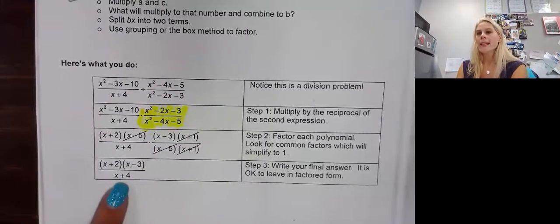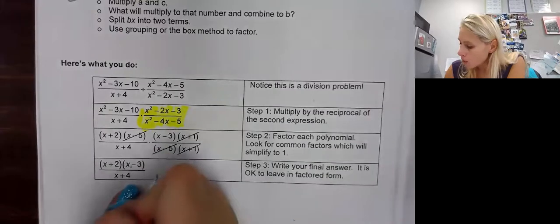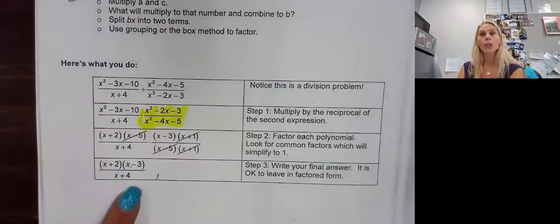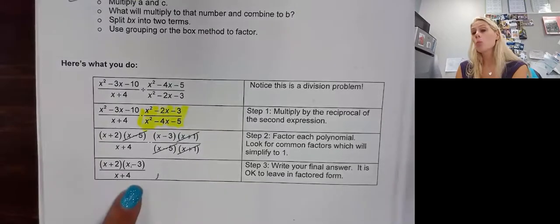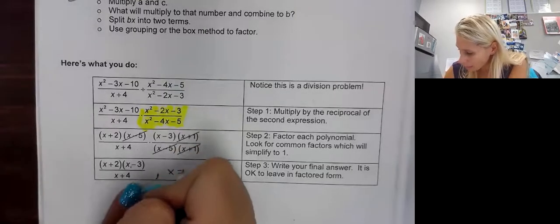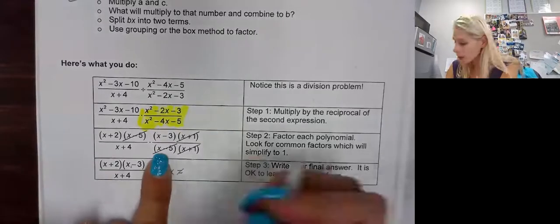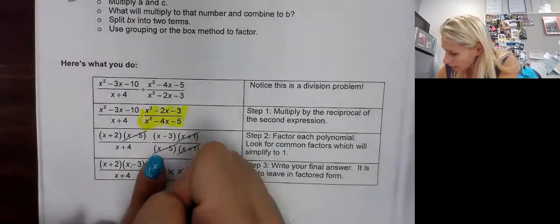One of the things that will happen in your homework is that they actually want you to add something onto this. They want you to remember what you crossed out, because what you crossed out cannot exist. So x cannot be, well, what makes x minus 5 equal 0? That would be 5.